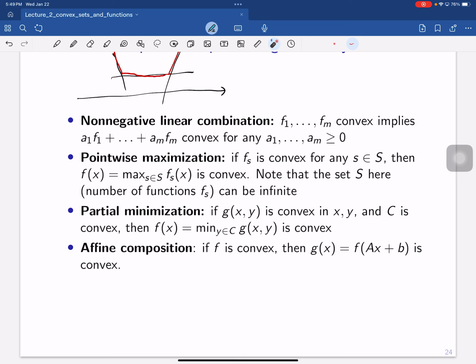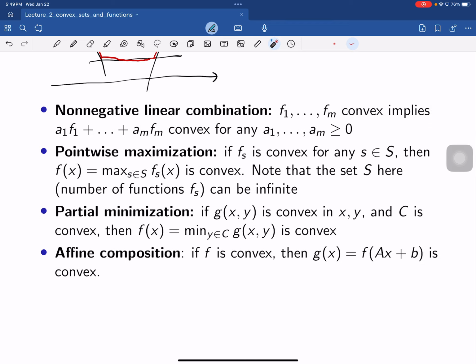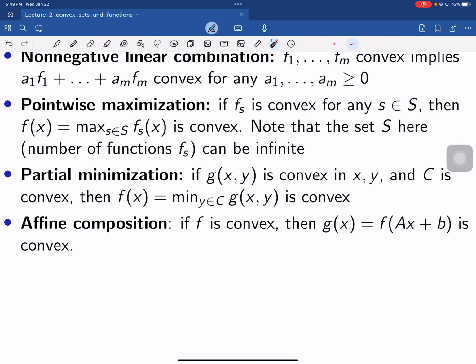And then partial minimization, it has very strong implications. Probably I wouldn't be able to explain it very well before going to the next few lectures, but let me still try to explain what this means. So if g of x and y is convex in x and y, and C is a convex set, right?